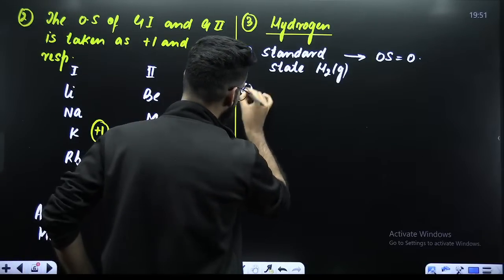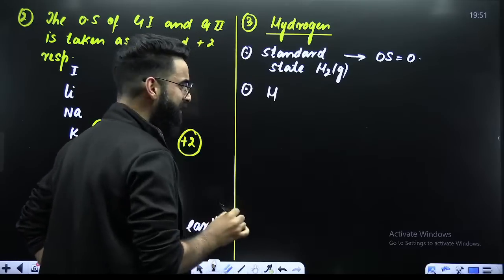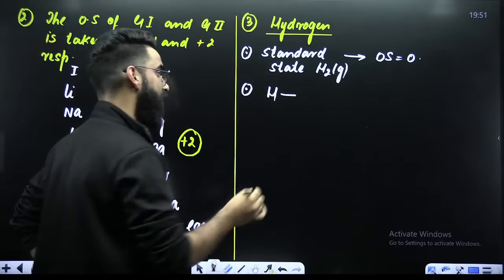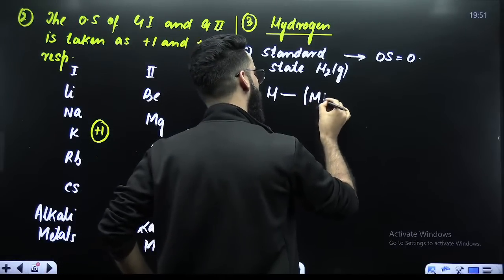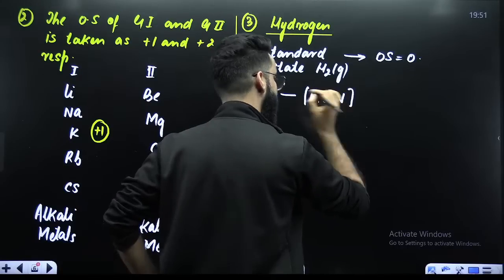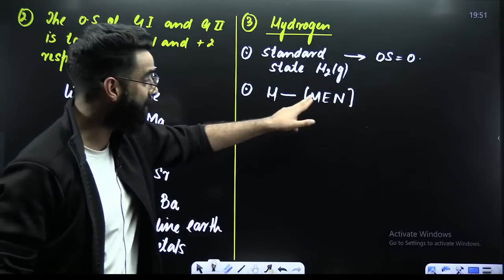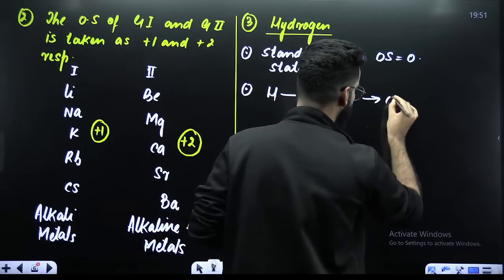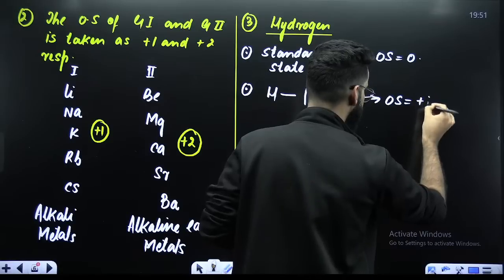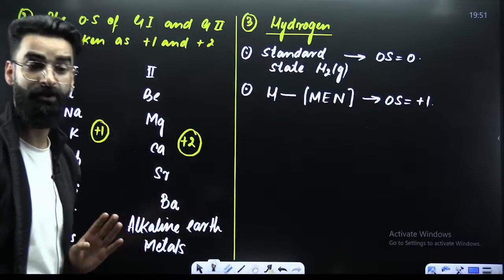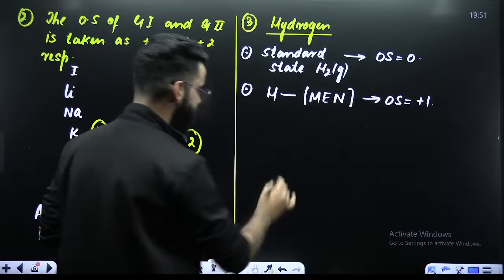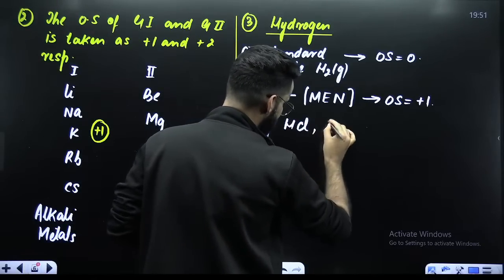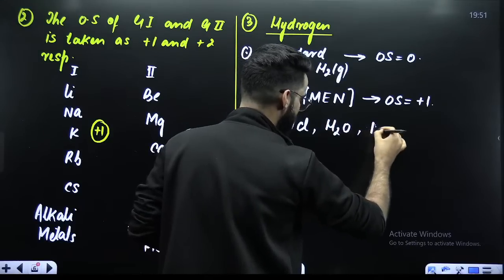Point number 2. Whenever you see hydrogen attached to a more electronegative element than itself, the oxidation state of hydrogen will be taken as +1. For example, let's say you've got HCl, H2O, or NH3.